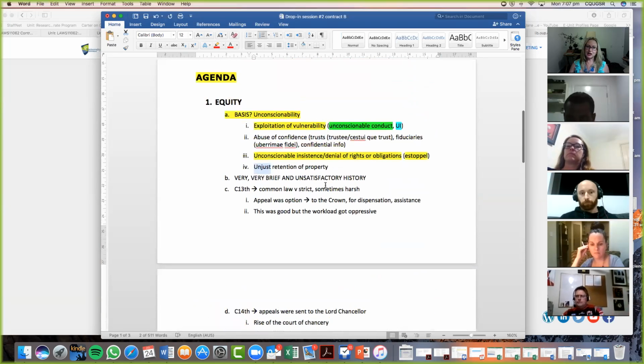It has to be, like I said, something. You'll see different terms used in different cases, but you'll get a lot of reference to that something's unjust. It would work injustice. You'll see a lot of reference to unreasonable exploitation, and that's usually in the undue influence cases.